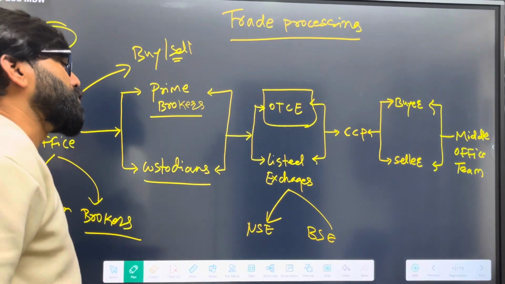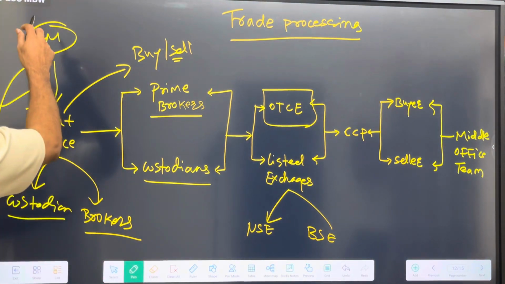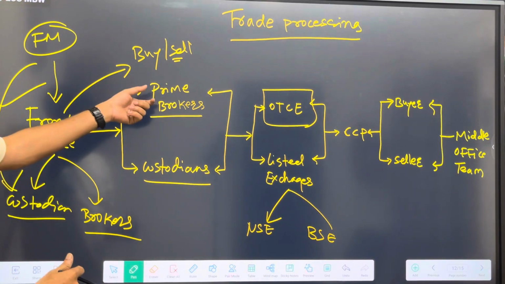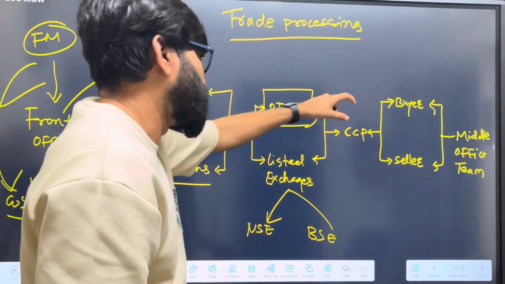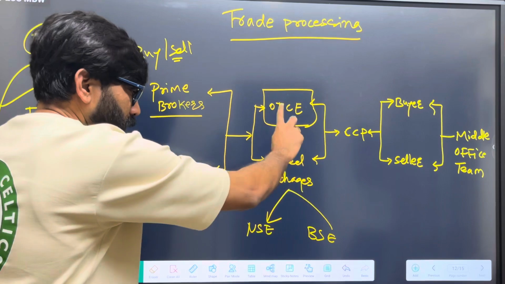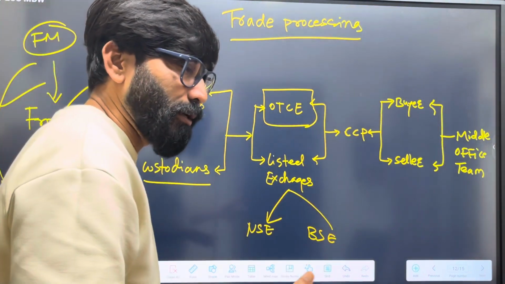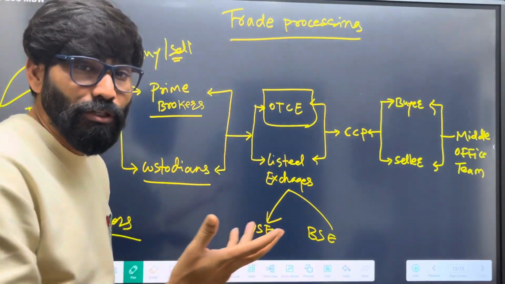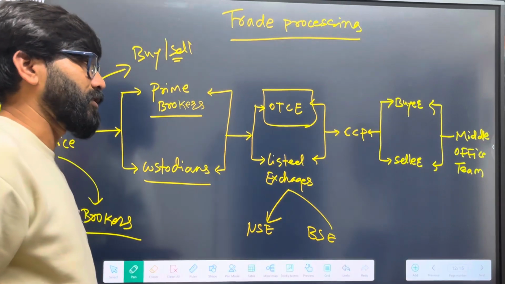So that becomes your listed products. Now you can relate that the fund manager, with the help of prime brokers and custodians, sends the buy and sell orders, and they purchase the securities from the National Stock Exchange, the Bombay Stock Exchange, or many other stock exchanges. I'm just giving the example. So they purchase the securities from the stock exchanges.